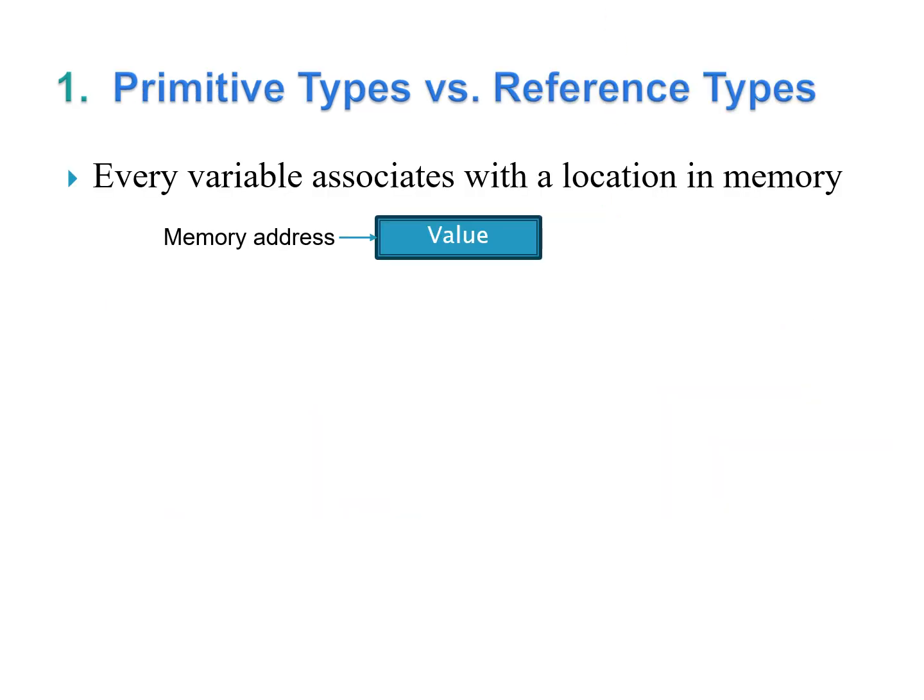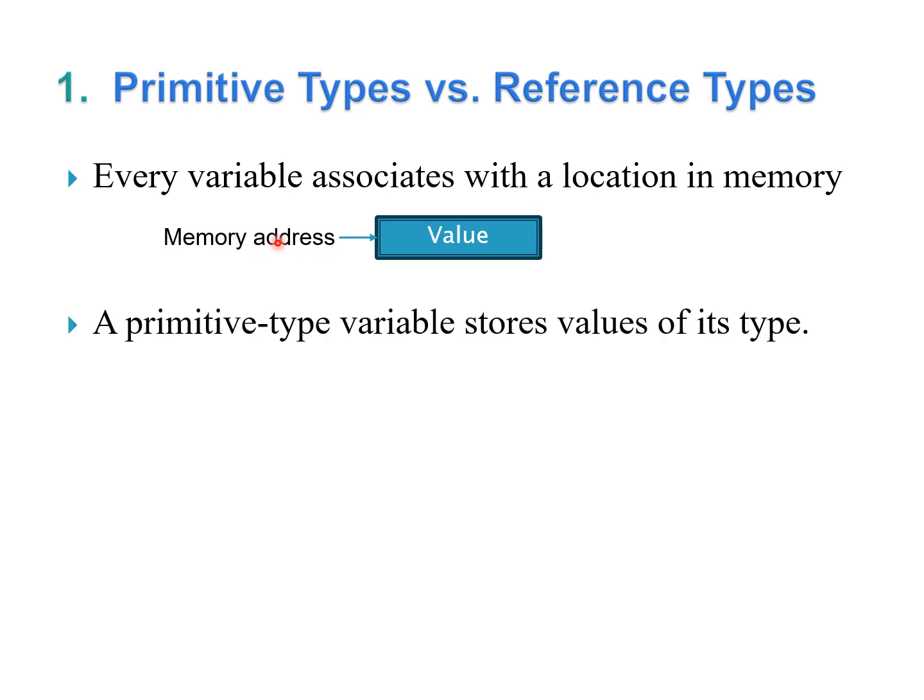Reference types differ from primitive types in how they store data. Note that every variable is associated with a location in memory, and each location in memory has 2 attributes: the memory address of that location and the value stored in that location. The value can change, but the address cannot.